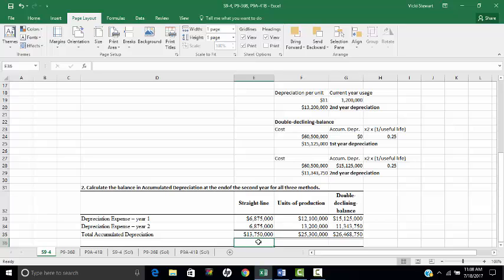So for the straight line method, we had $13,750,000 for the 2 years. For the units of production, we had 25,300,000, and for the double declining balance, we had 26,468,750.